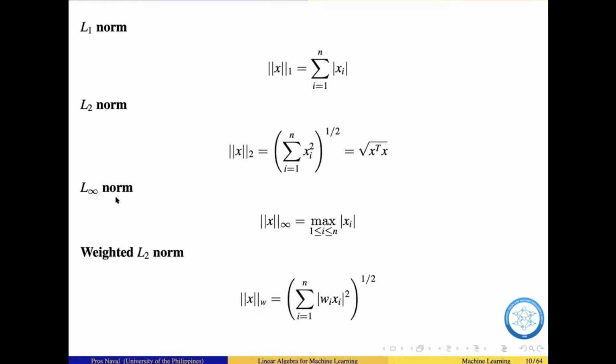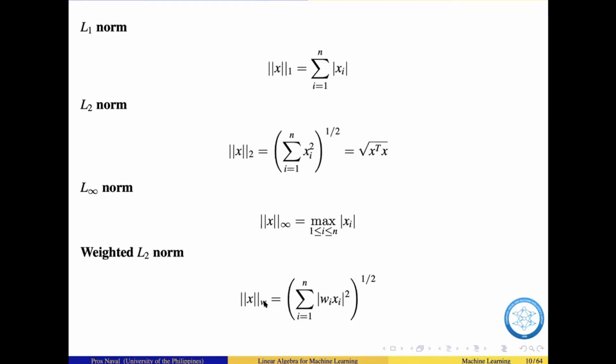Then we come to the L infinity norm. The L infinity norm gives us the largest magnitude among the vector elements. So you scan the values in the vector, and the largest value is your L infinity norm. The weighted L2 norm is similar to the L2 norm.